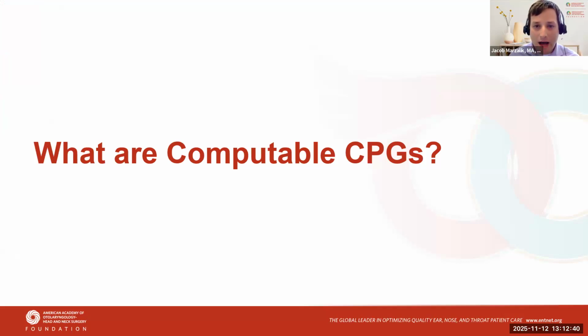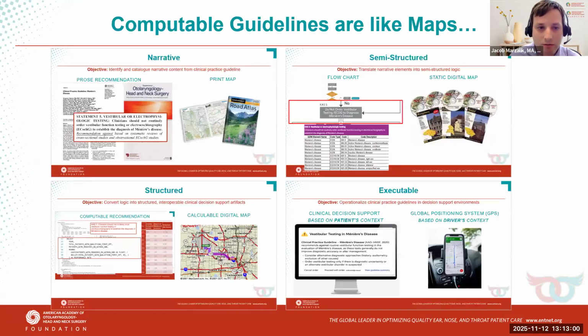So I'm going to go over what computable CPGs are. Chris did give an outline earlier of what digitizing exactly is. There is a really great analogy for further understanding what computable CPGs consist of. You want to see computable guidelines as analogous to maps.